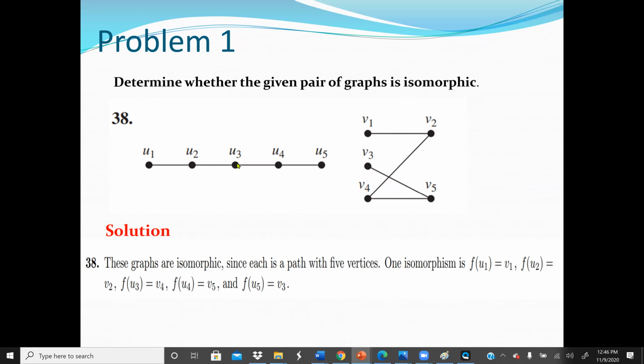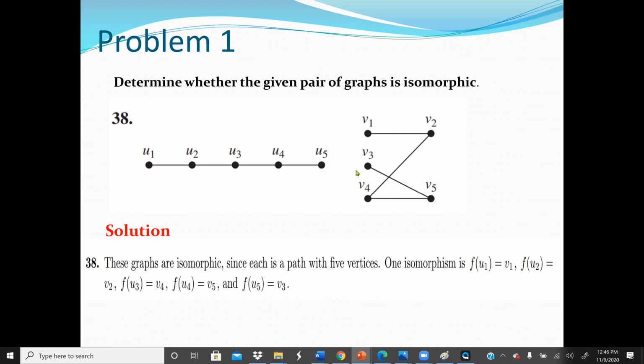Then for f(u4) we go with v5. v5 has 2, and you also have 2. Then you can see that u5 will go with v3 because it's only one connection. So f(u5) is v3.